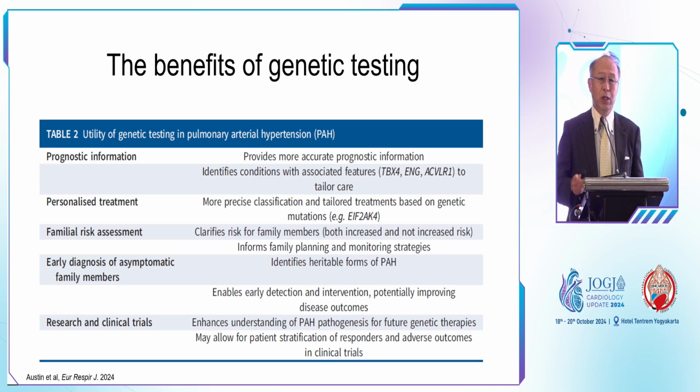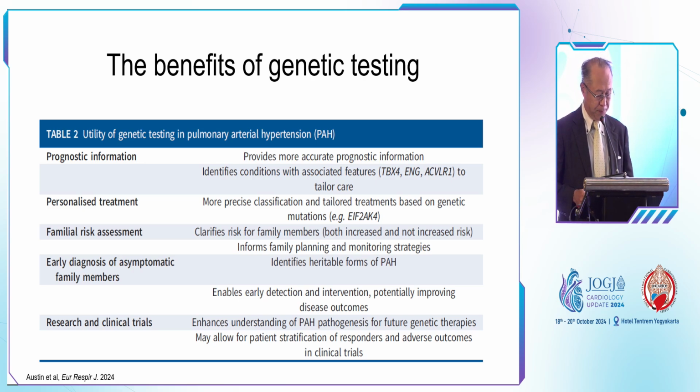For example, if we identify one patient with PAH and a BMPR2 mutation, then we can screen their families. And if one has a BMPR2 mutation, 20% of those people would develop PAH. And with this information, we could do early diagnosis of asymptomatic family members.